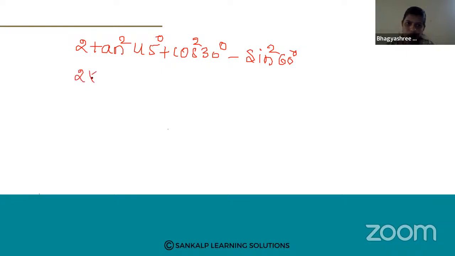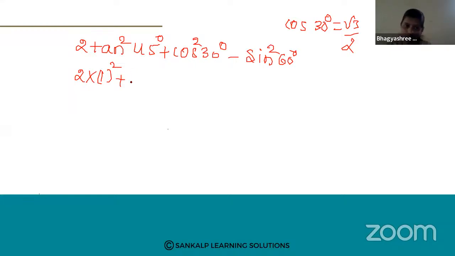That is 2 into, we know the value of 45 degree. Tan 45 is 1. So, tan square is 1 square. Remember, tan square means it is 1 square. So, plus cos square 30 degree. Cos 30 degrees is root 3 divided by 2.